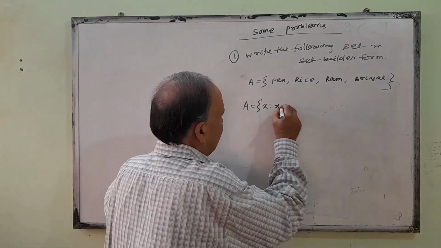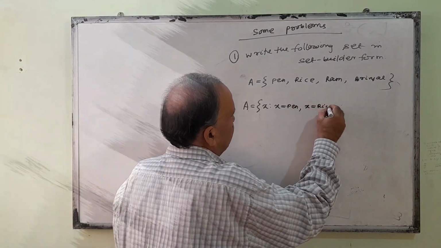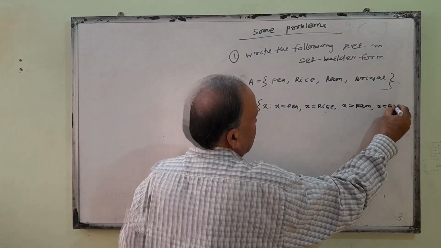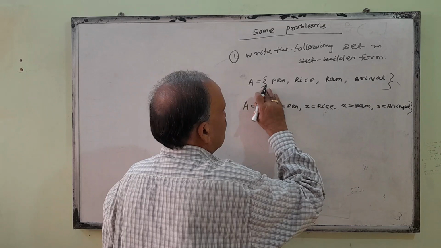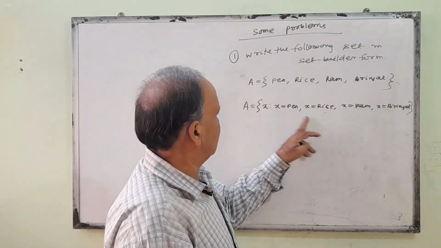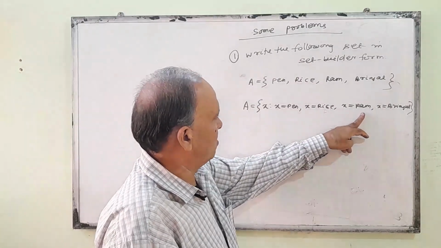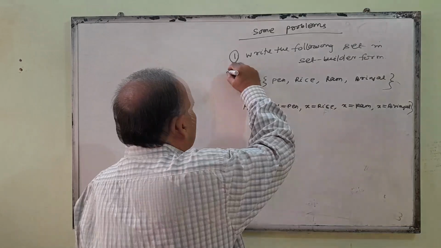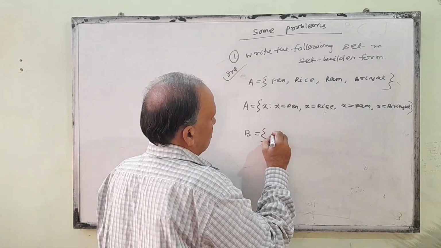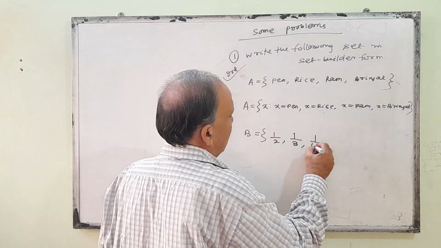You can write like this: x is equal to pen, x is equal to rice, x is equal to Ram, and x is equal to Brinjal. If the elements are of different categories, then we can write like this. Very important question.